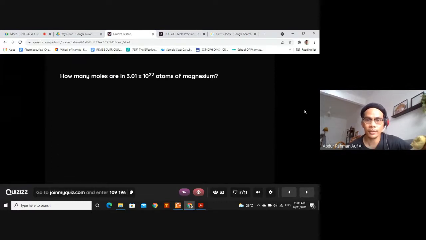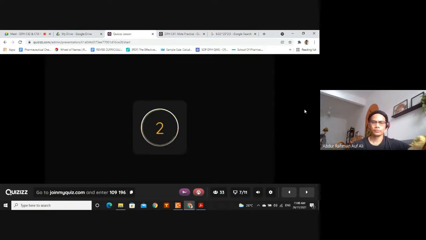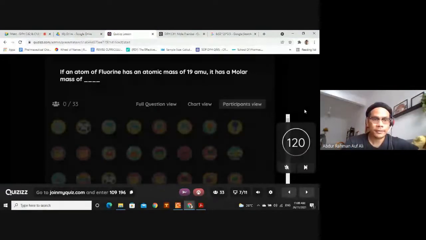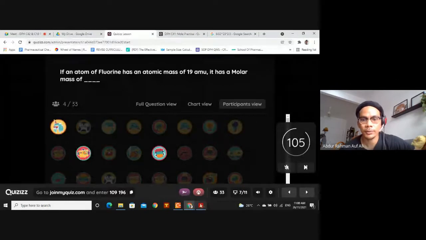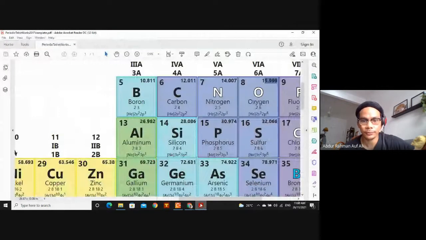Moving on, kita nak do more practice so that you get the hang of it. Okay, if an atom of fluorine has an atomic mass of 19 AMU, AMU is the unit untuk atomic mass unit. So it has a molar mass of what? So tengok dalam periodic table, fluorine.